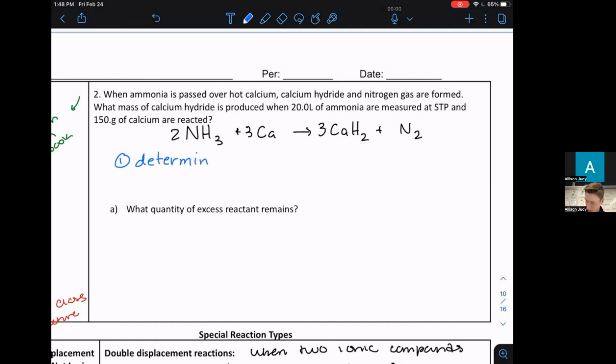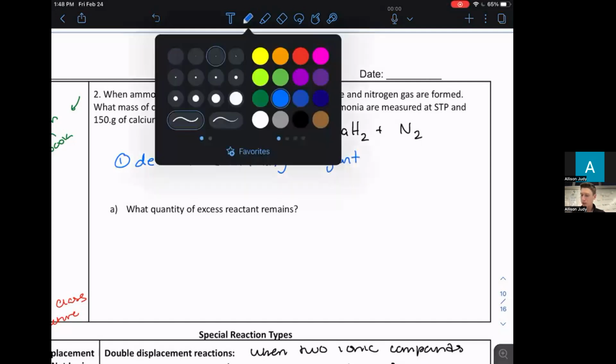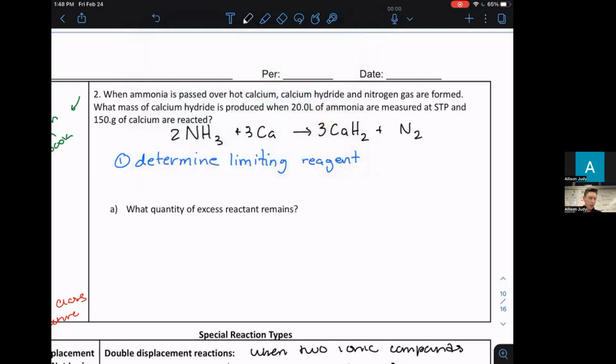Again, you'll hear reagent a lot, but it's the same thing as reactant. So in order to do this, we're going to have to, again, go through our stoichiometry for both compounds. And let's start with ammonia since it gives us that first.